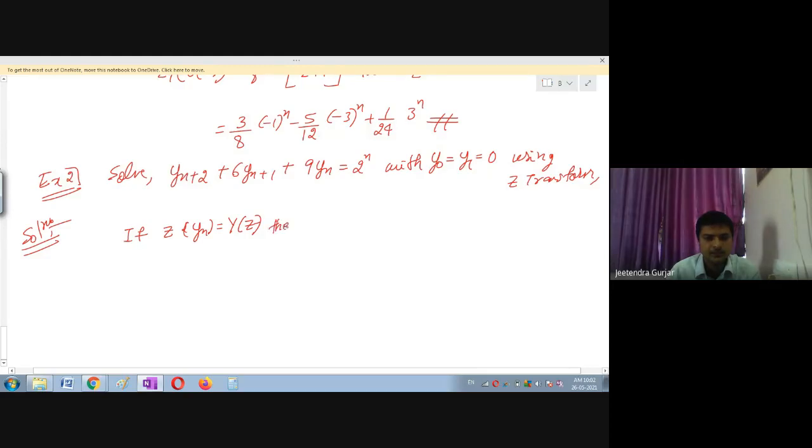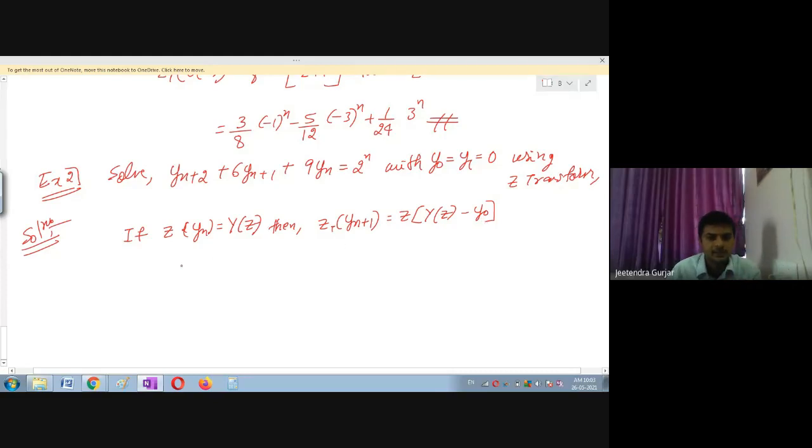So then, I will tell you, this is the z transform of u n plus 1. What you are going to substitute? This is z y of z minus y naught. See, again y naught will become the initial value, as u naught we have done.